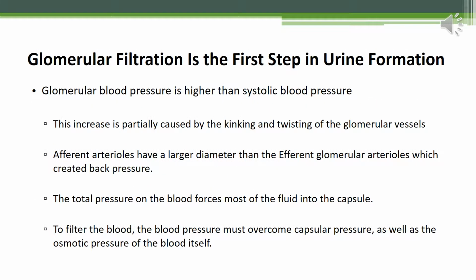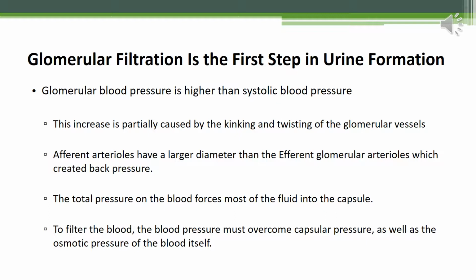Here's more about glomerular filtration. So the blood pressure within the glomerulus is higher than that of the systolic blood pressure, which of course is a necessary feature. This pressure increase is partially caused by the kinking and twisting of the glomerular vessels. So anytime you kink or twist any tube full of water, you're going to see an increase in pressure.